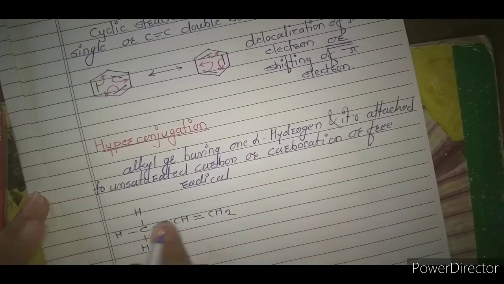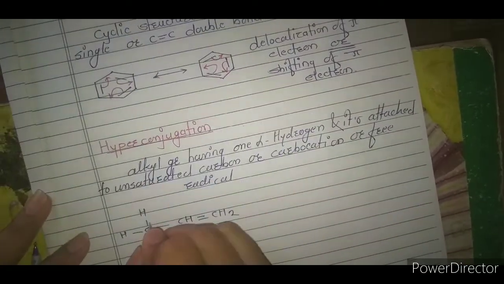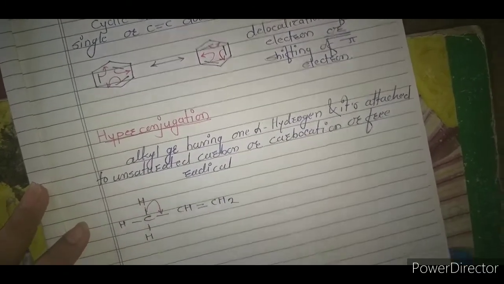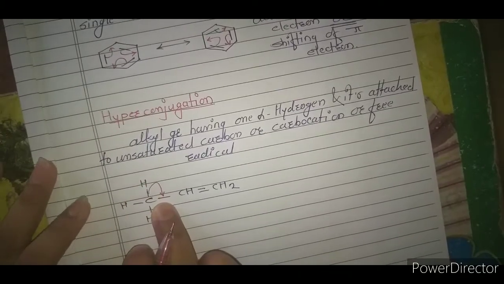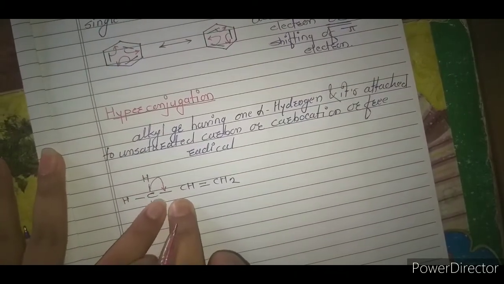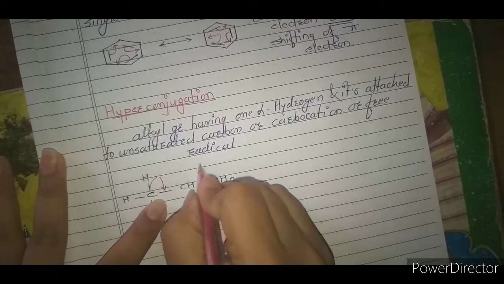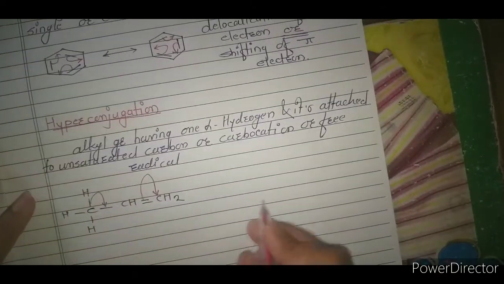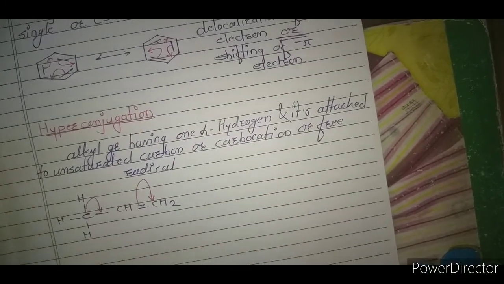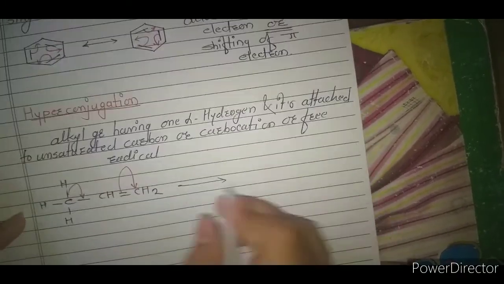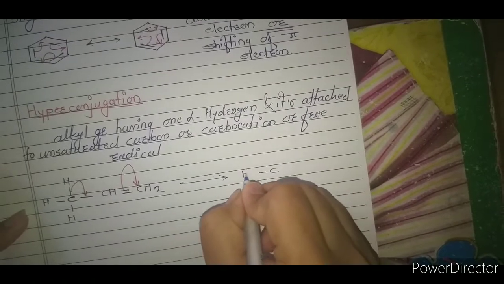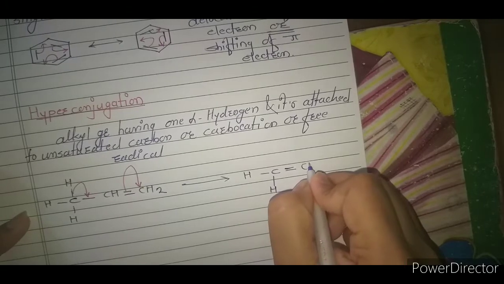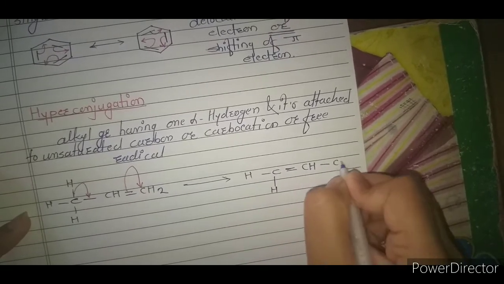Okay, so what happens in this compound? This alpha hydrogen transfers its electrons to this bond, and this pi bond shifts electrons towards the carbon atom, and it forms this compound, and it forms this compound.